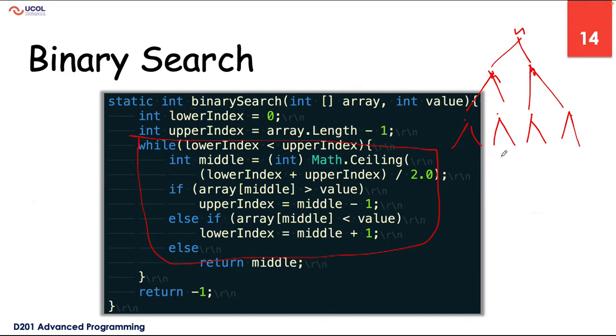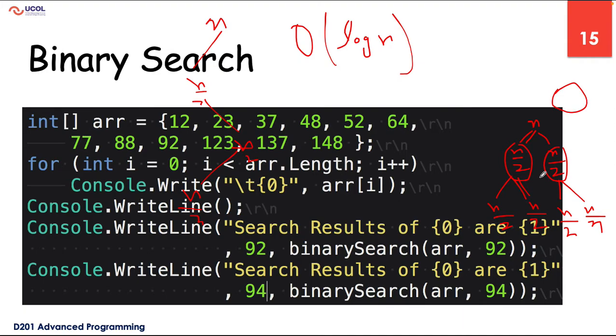The maximum possible is when we go to the last level, when we are unable to find that number. Traversing to the last level will take log base 2 of n steps.